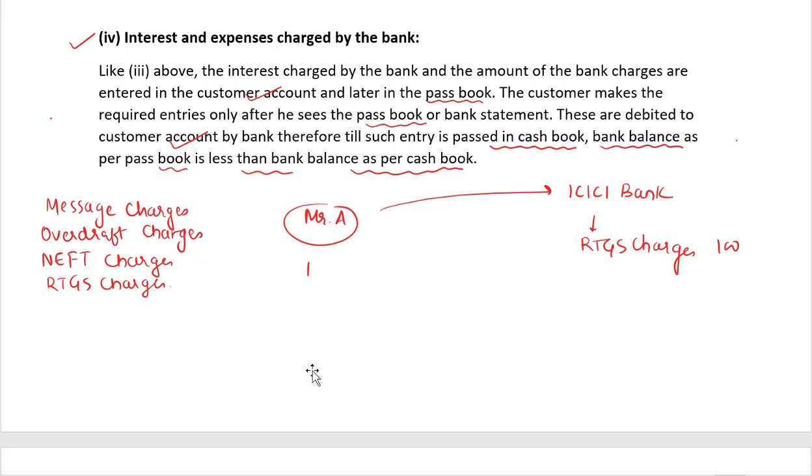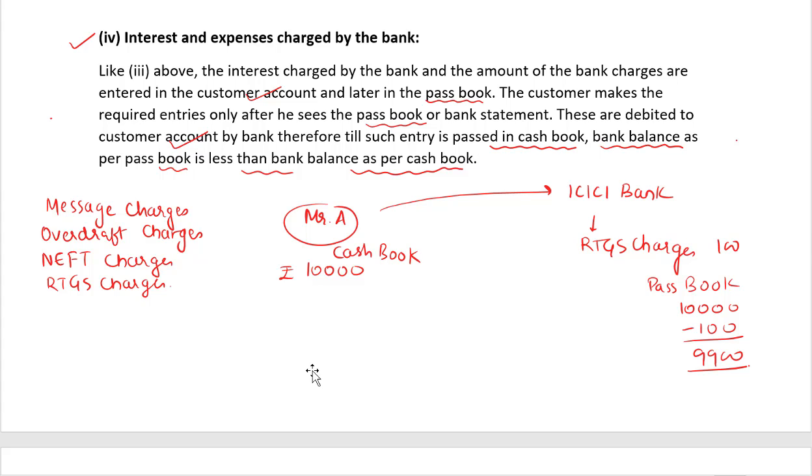As per Mr. A, in the cash book the balance is 10,000 rupees. But in the passbook the balance is 10,000 minus 100, 9,900.